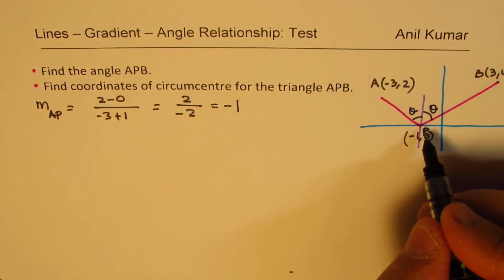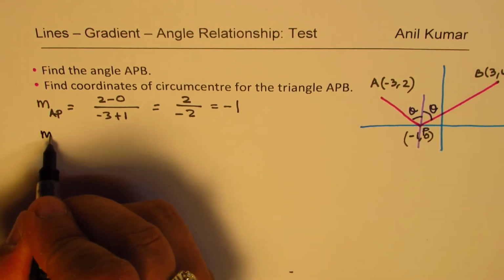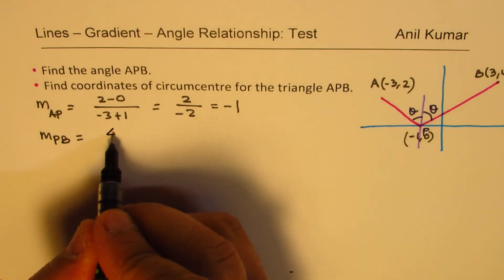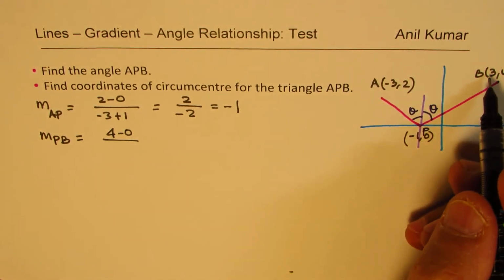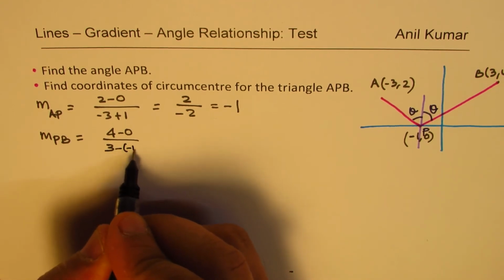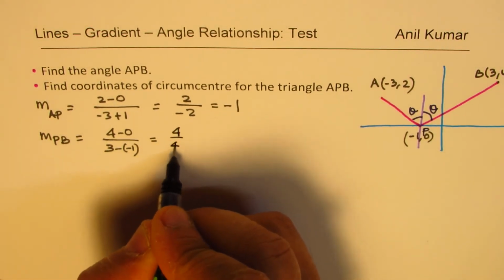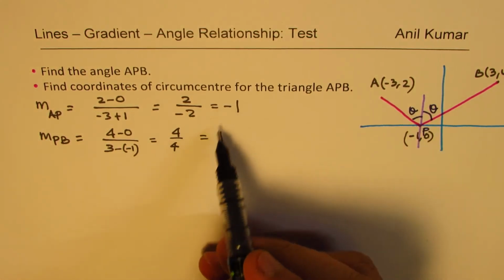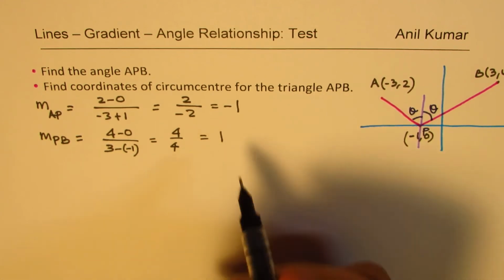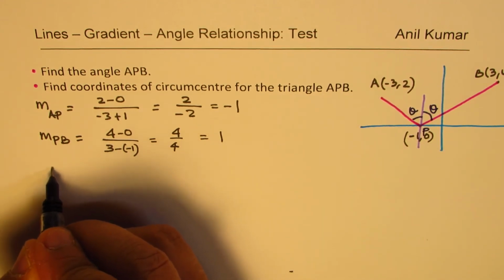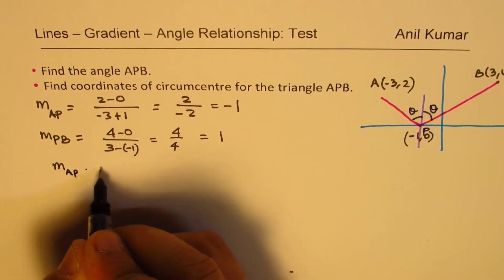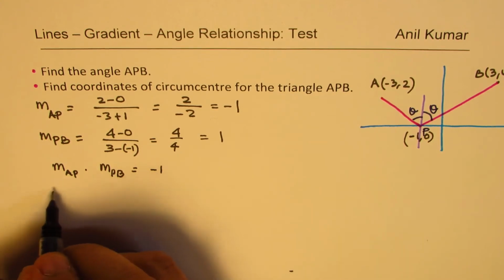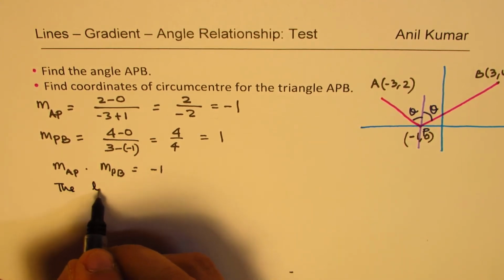So now let's find the slope of P to B. So slope of P to B is equal to 4 minus 0 divided by 3 minus 1. So that is 4 over 4, and that is 1. Since these two slopes are negative reciprocals, we know that M of AP times M of PB is negative 1, that means the lines are perpendicular.